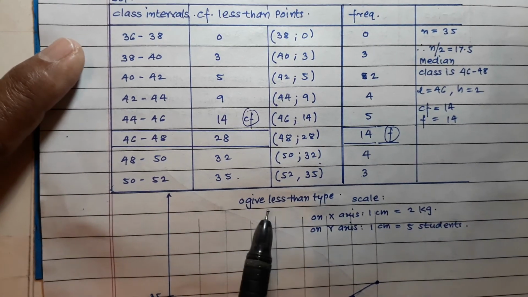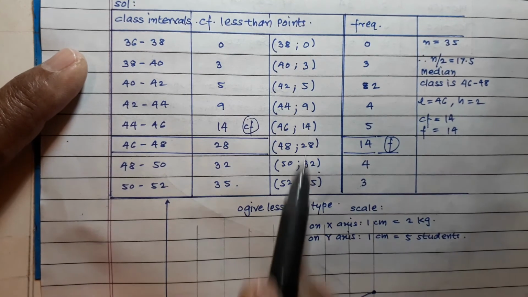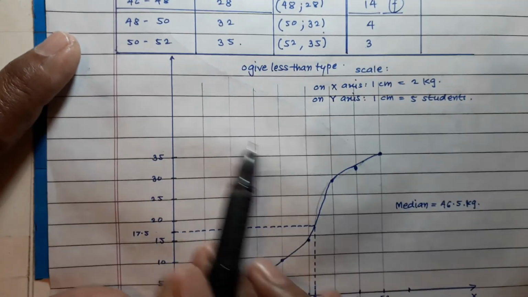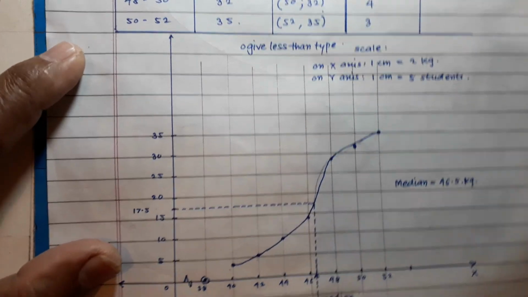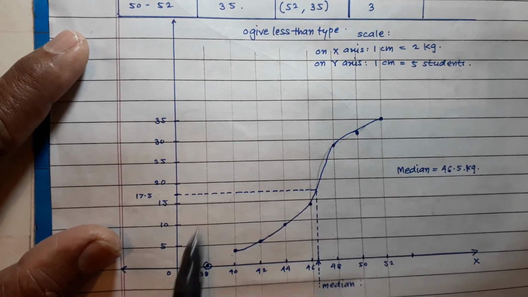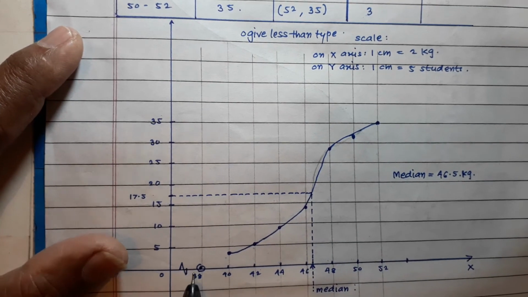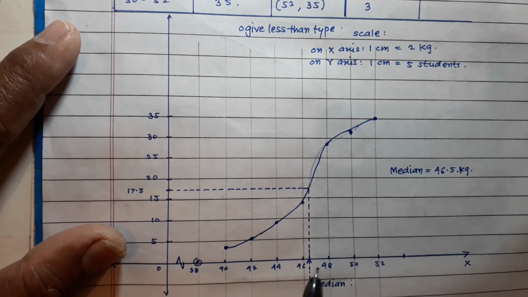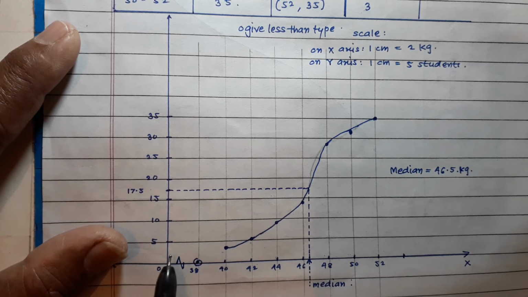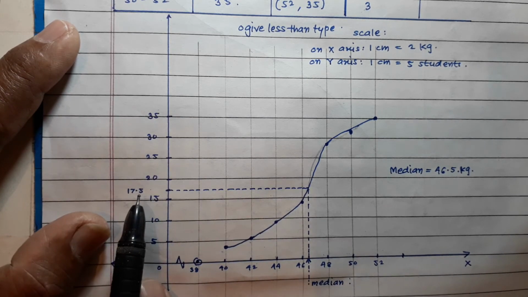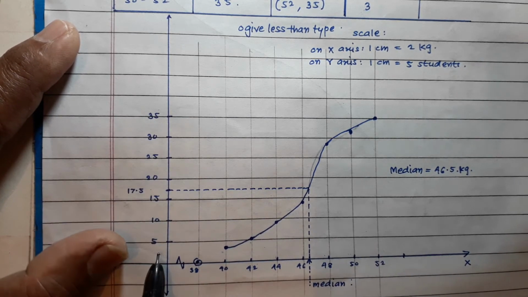Now I will explain how to draw the ogive. These are the points. This is my graph. This is the x-axis, this is the y-axis. On the x-axis take upper limits, and on the y-axis take cumulative frequency less than.